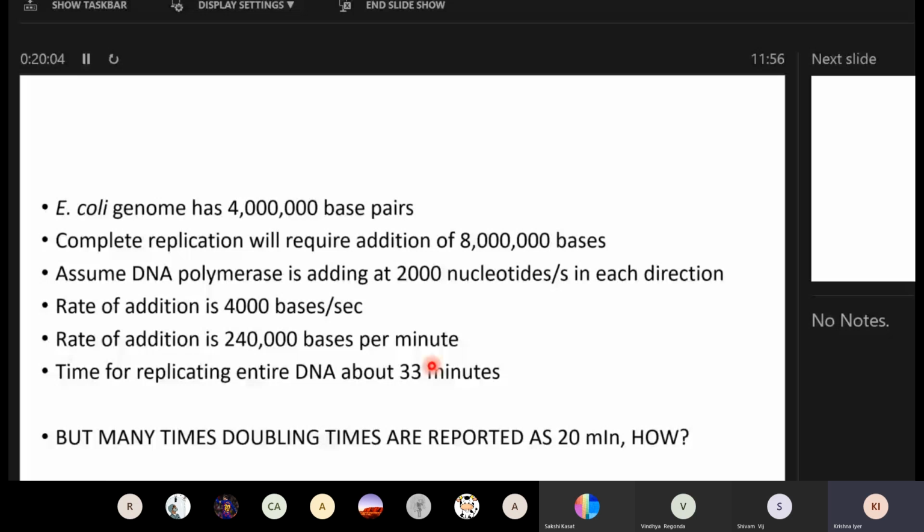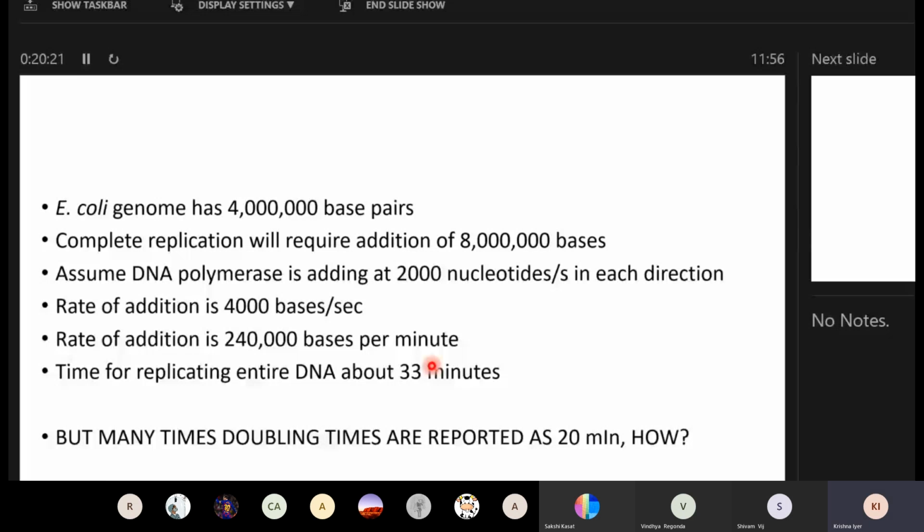Now given that, and given that E. coli is said to have a doubling time of 20 minutes, how do you think these two match up?